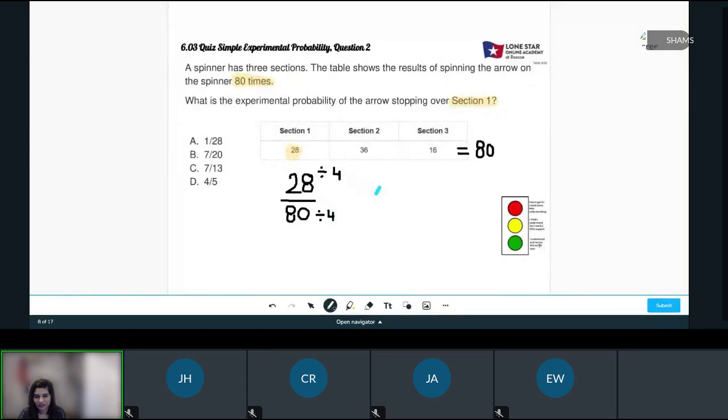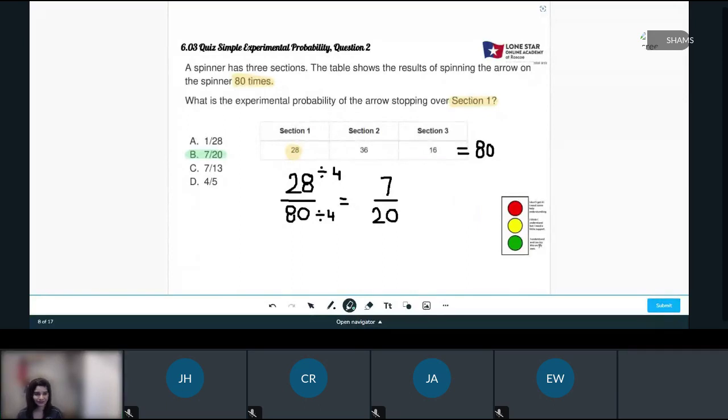Joycelyn did also. So 28 divided by 4 gives you 7. 80 divided by 4 gives you 20. That is going to be the probability in simplest terms, 7 over 20. Your answer choices might be in a different order. Make sure you read the answer choices very carefully, right? That does happen.